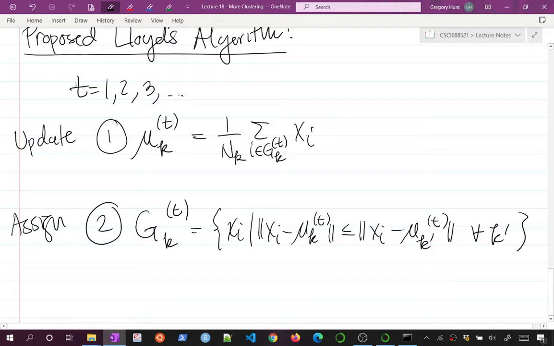So that is a kind of fancy way of writing what my group assignment is. The simpler way to say it in words is I just assign my xi's to the group with the mean that it is closest to, right? So that's all Lloyd's algorithm is.